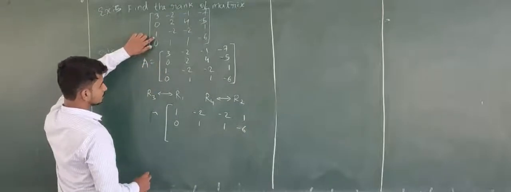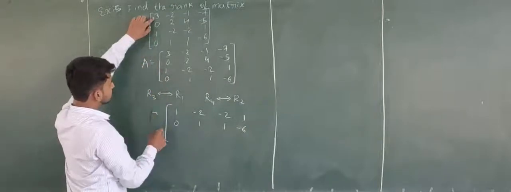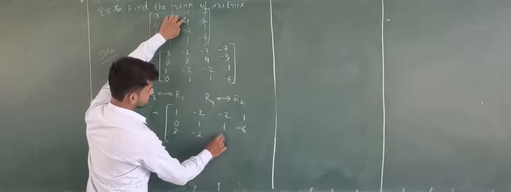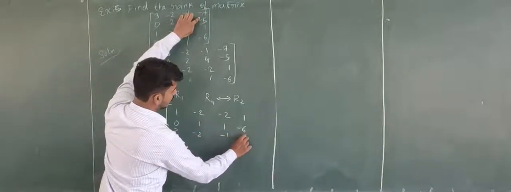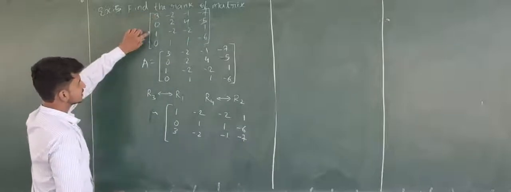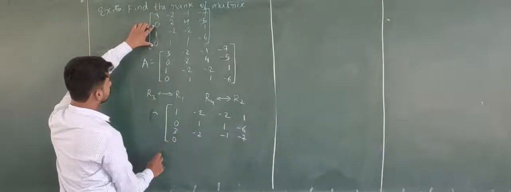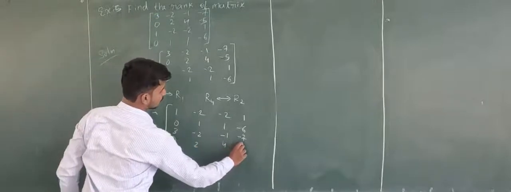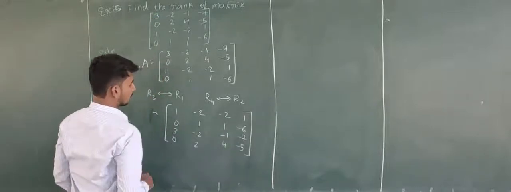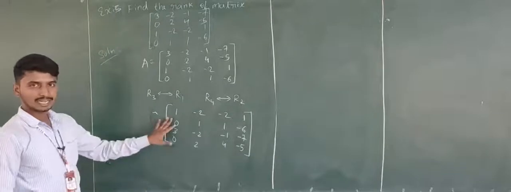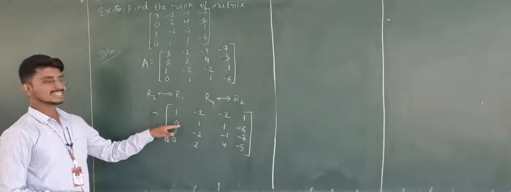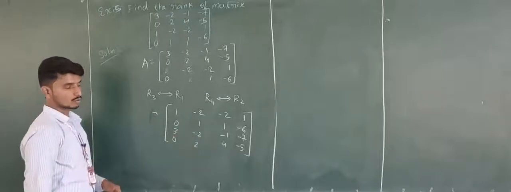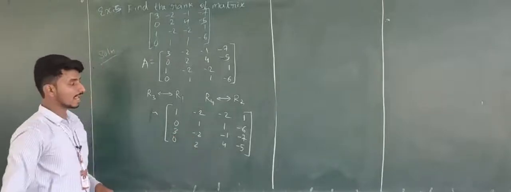Next we write the first row as the third row, that is 3, -2, -1, -7. Next the second row as the last row, that is 0, 2, 4, -5. Here now the leading element is 1 and its below term is 0. Next we have to make this 2 as 0 and this 3 as 0.